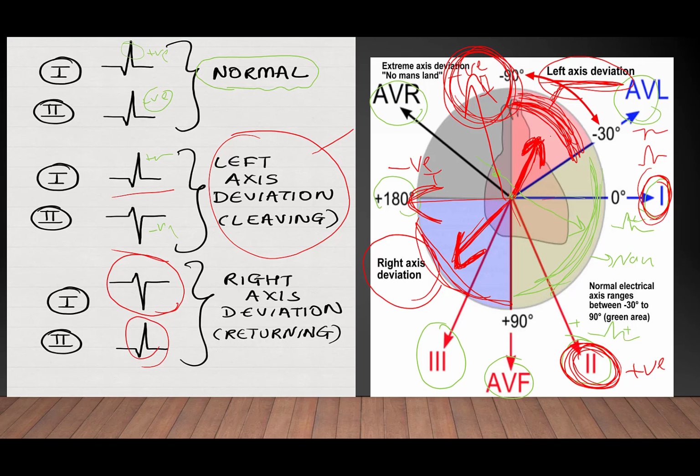So as you know, left ventricular hypertrophy causes a left axis deviation, and right ventricular hypertrophy causes a right axis deviation.